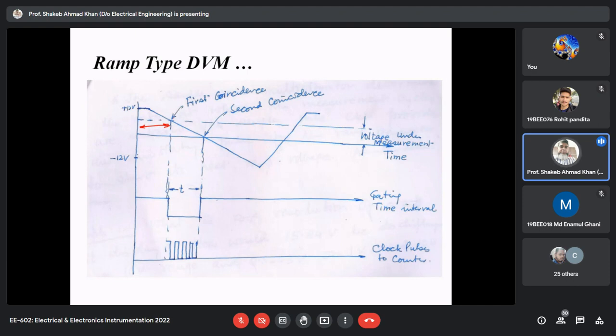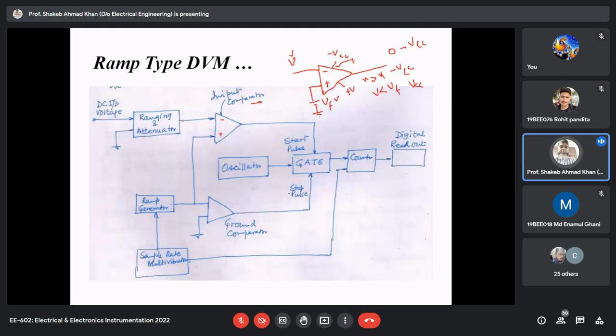When it crosses this point, your ramp voltage is less than the DC voltage, so obviously your output will change from plus VCC to minus VCC.